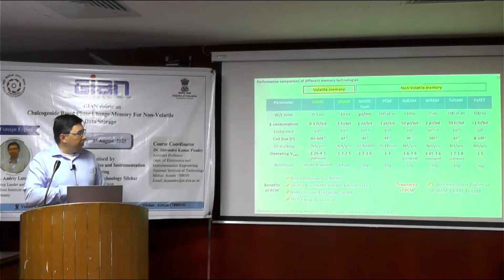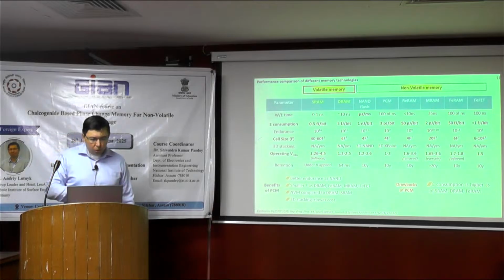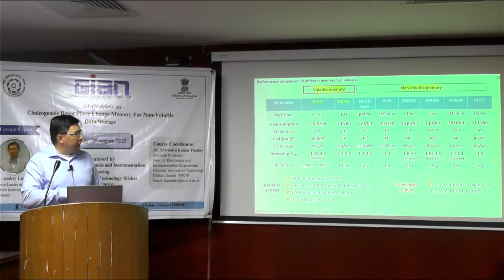Operating voltage minima are all in the range of about 1 to 5 volts, as required for SRAM. Here you can see some data I found. For data retention, of course, SRAM is volatile, and DRAM also.